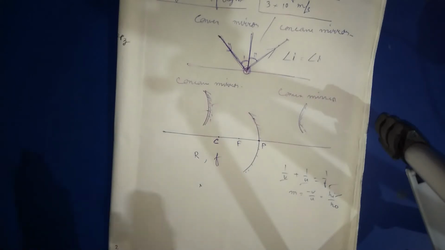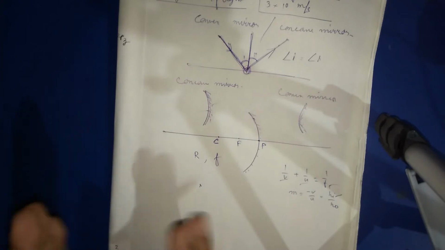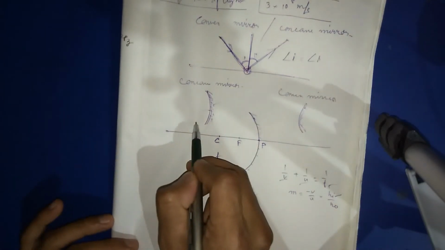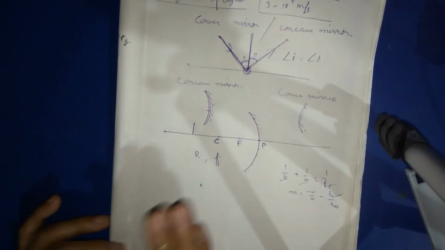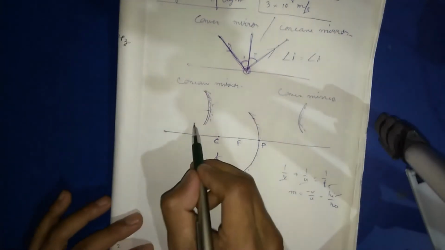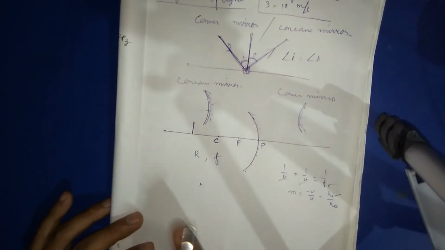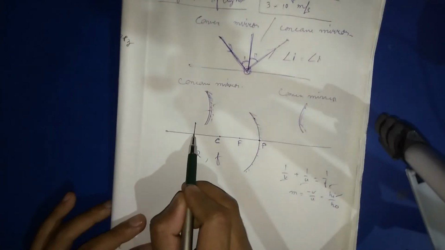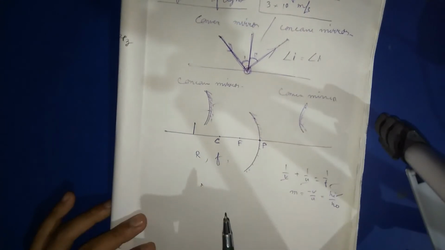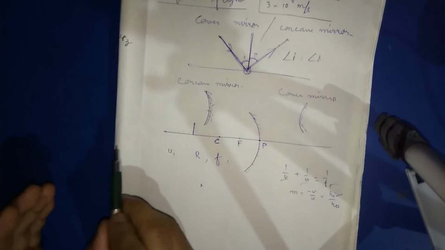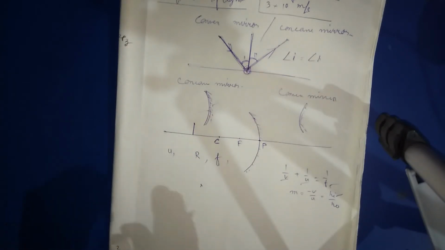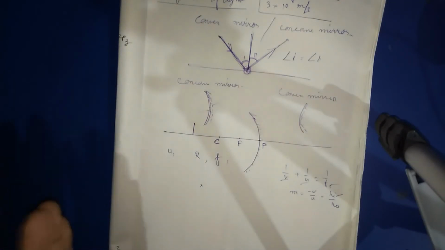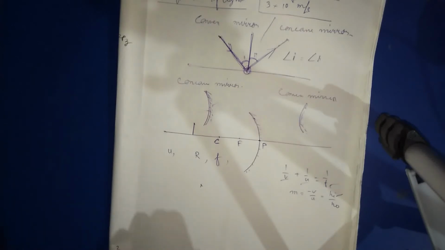Next, suppose an object is placed in front of the mirror. Objects have different heights, so we show it by one straight line perpendicular to the principal axis. The distance from the pole to the object is called the object distance, denoted by u. After drawing the ray diagram, an image forms.